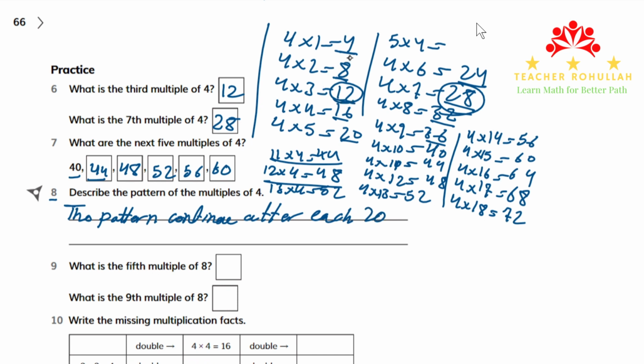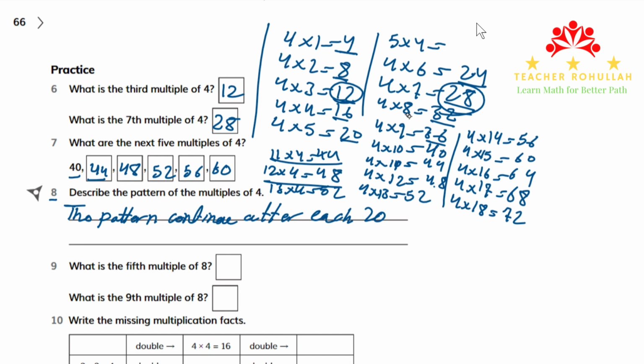How? So we have 4, 8, 12, 16, 20. 4, 8, 12, 16, 20. It means the pattern continues after each 20 numbers.